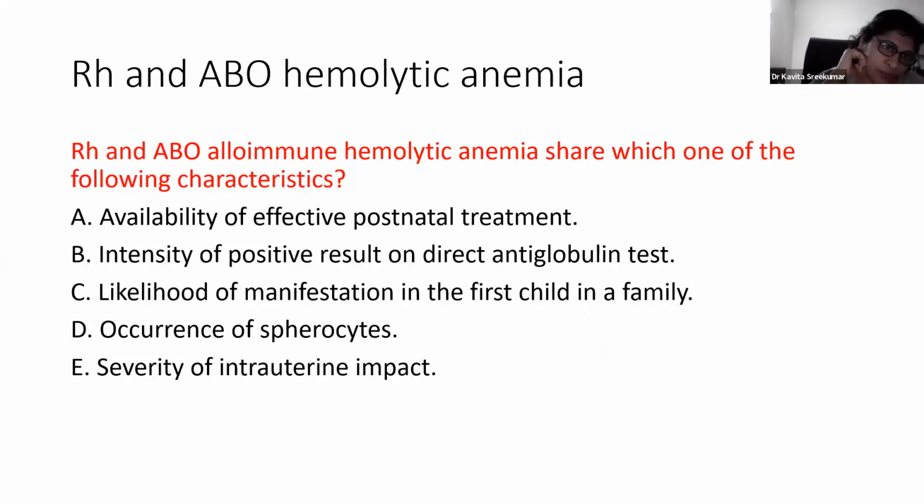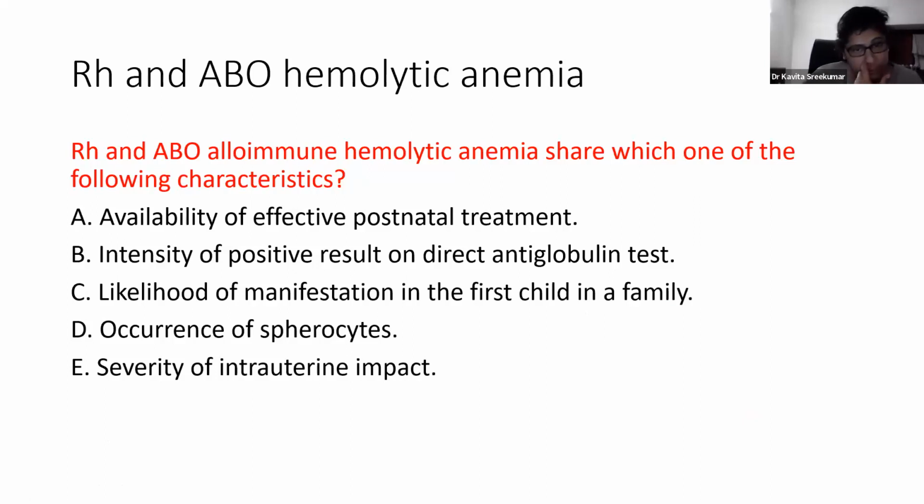RH and ABO are the two most common causes of alloimmune hemolytic anemias in babies. Now, among these characteristics which are listed, which one is shared by both? Which is the characteristic common for RH as well as for ABO? One is availability of effective postnatal treatment.